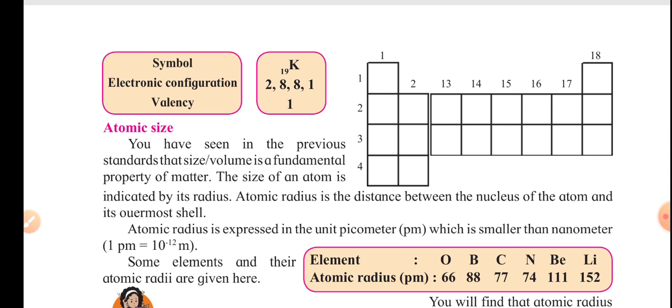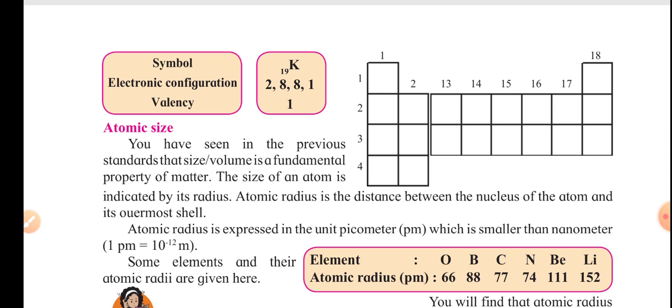This is the trend we have seen. And along a group, from above downward, new shells get added in each group. Due to this, from top to bottom, the size of an atom increases, and the atomic radius is also increased.